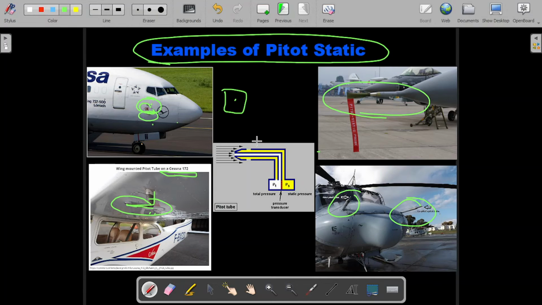If we go to the schematic diagram, this is how the pitot static tube looks inside. So there is a concentric hole. Basically there is an inner area in which the dynamic pressure goes, since the aircraft is moving ahead, and the static pressure is going inside.